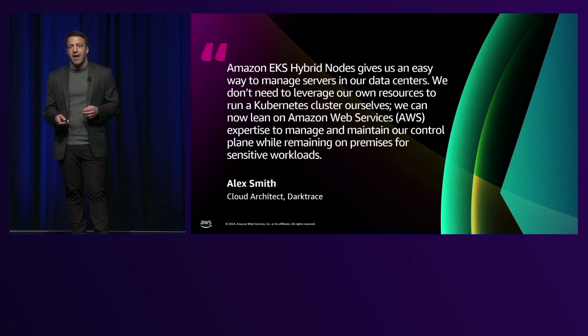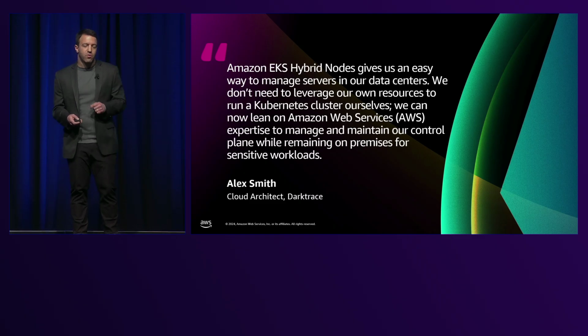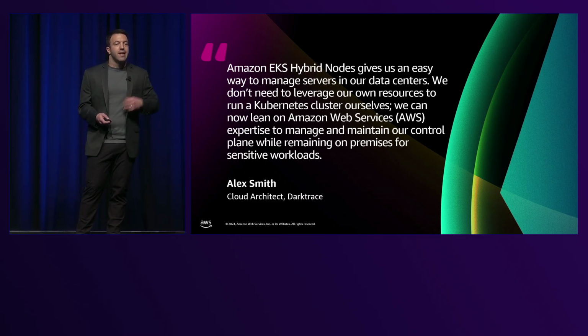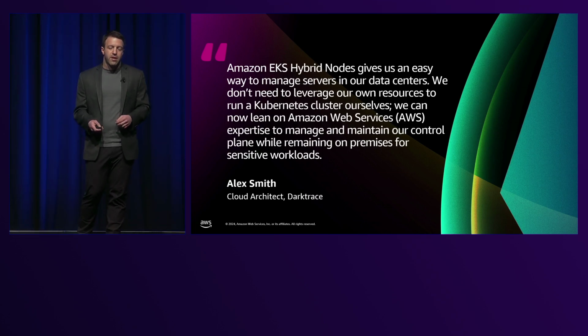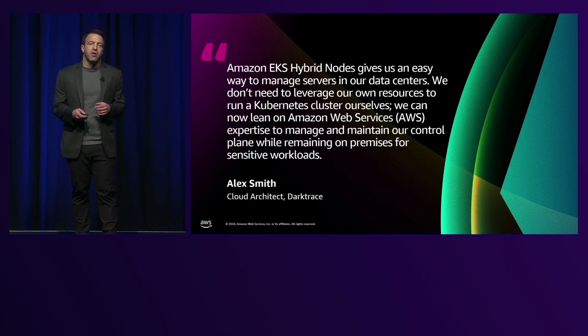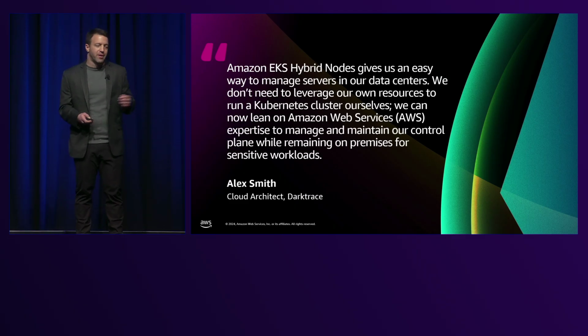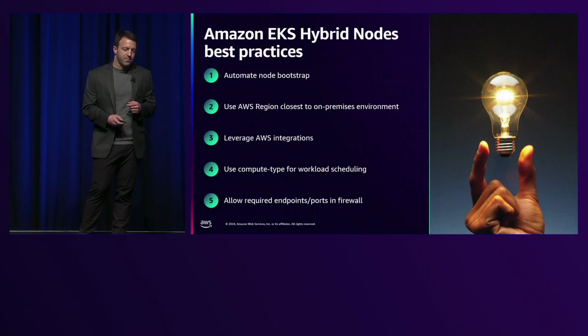Darktrace uses Kubernetes on-prem to provide their teams with a consistent deployment environment, taking advantage of Kubernetes tooling for observability, application scaling, and disaster recovery. And instead of creating cross-site clusters and administering their control plane themselves, Darktrace decided to use EKS hybrid nodes to unify Kubernetes management with EKS, driving higher scalability, availability, and efficiency.